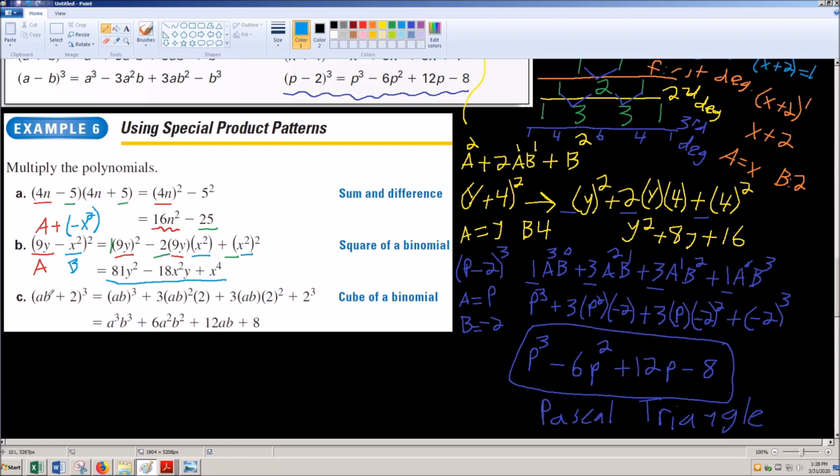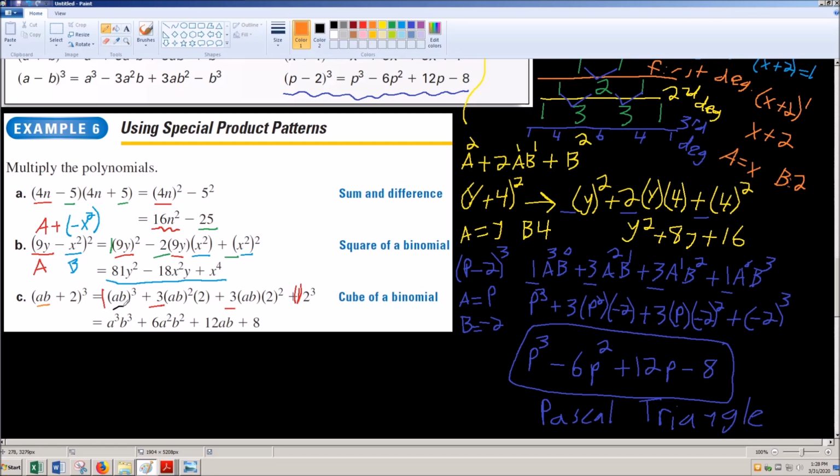Last one here, we're using a value binomial and we're cubing it. So this is a cube of a binomial. If we're really good at this and we identify our pattern here, we should see a 1 out in front here. We should see a 3 out in front, a 3 out in front, and then again a 1 out in front here. This is just multiplication. I don't want to make you think it looks like 12 or something like that. And then from here, I'm taking, okay, well, what is my a? The a here is ab.